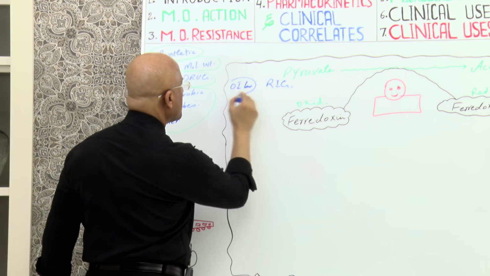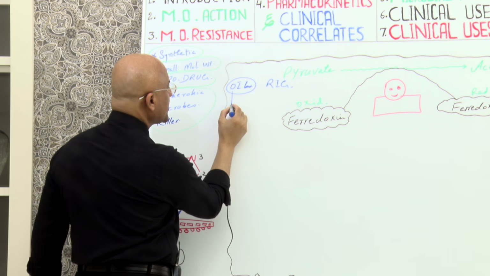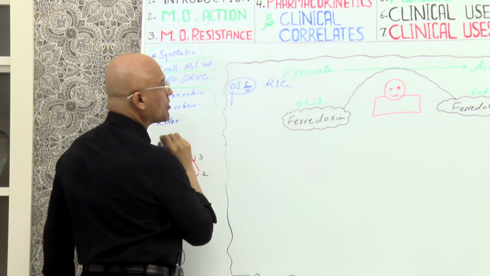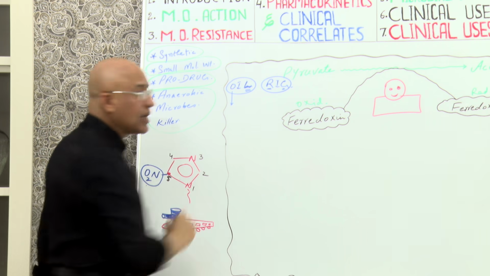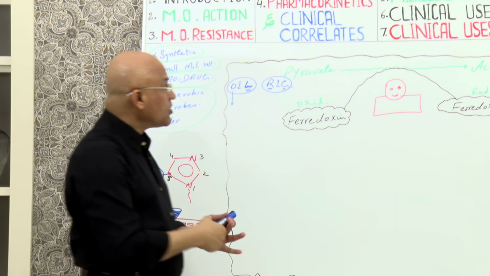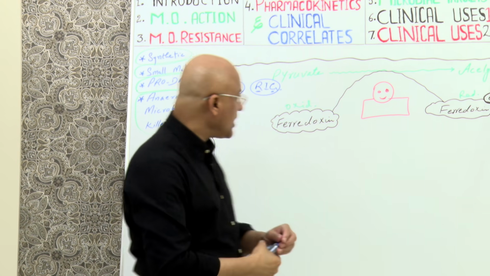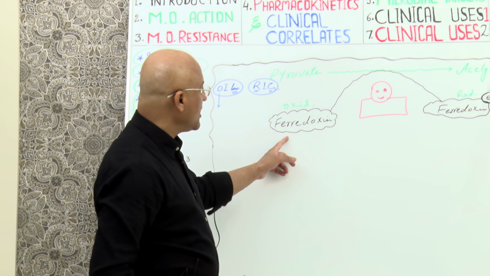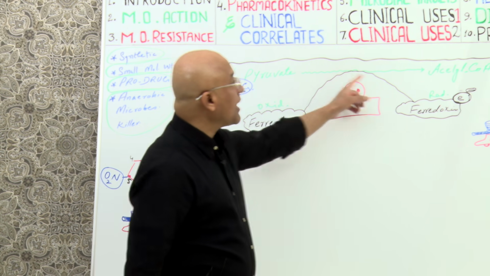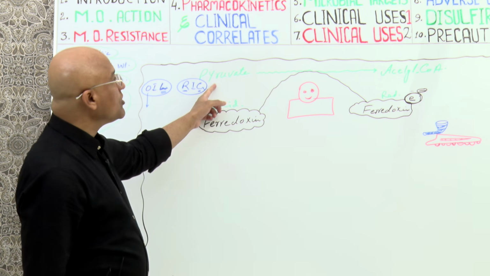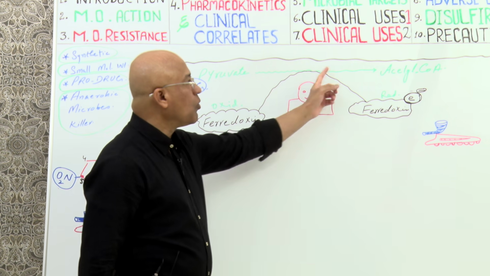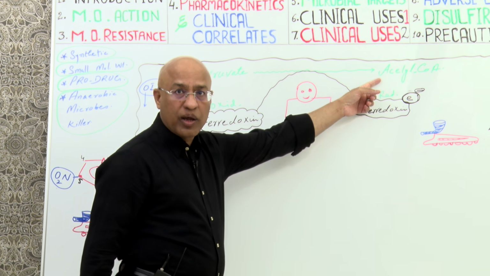This is a mnemonic to remember that oxidation occurs when there is loss of electrons and reduction occurs when there is gain of electrons. In this metabolic pathway, ferredoxin is gaining electrons, so it is getting reduced, and pyruvate is losing electrons while converting into acetyl-CoA.